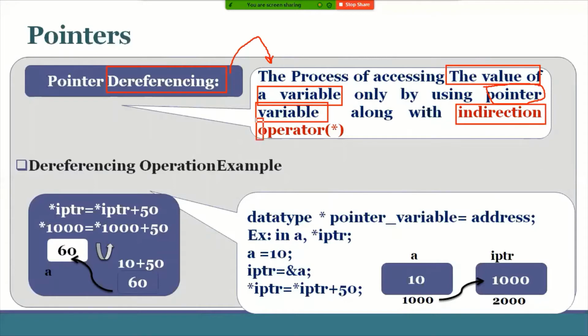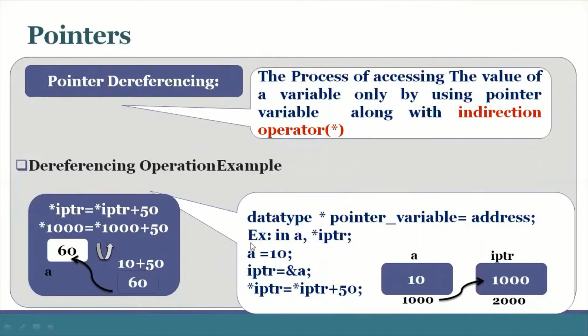What is that indirection operator? The indirection operator is this thing. The same asterisk in the declaration part, we call it a pointer. The same operator in the executable part, we call it the indirection operator.